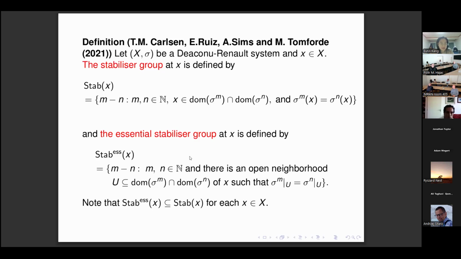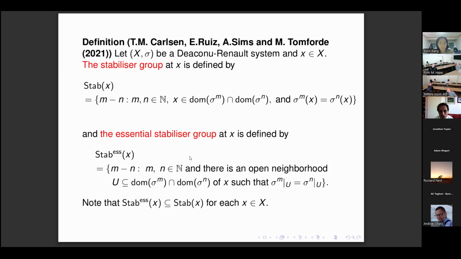Yeah, one is not defined for groupoids, they are defined for the actions. So it's slightly different. One is defined for maybe global actions or partial actions, and this one is defined for the systems. It's not exactly the definition for the groupoids. Of course, it's related to isotropy groups, but it's somewhat different.